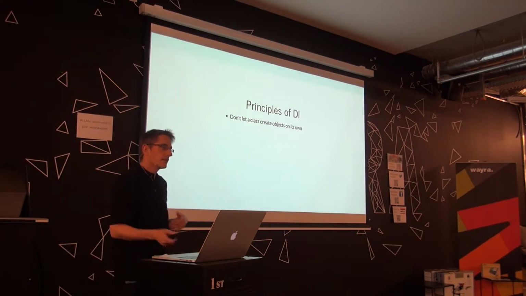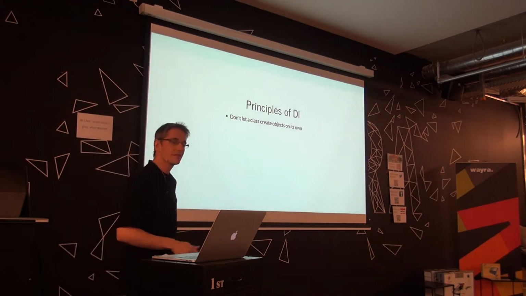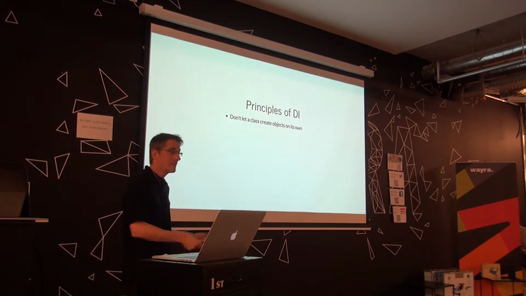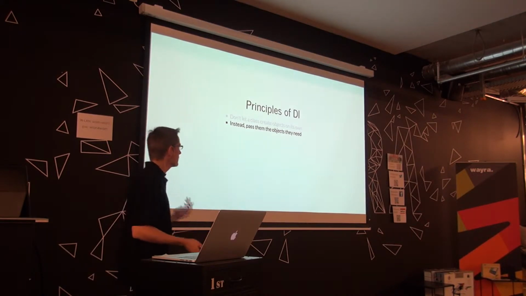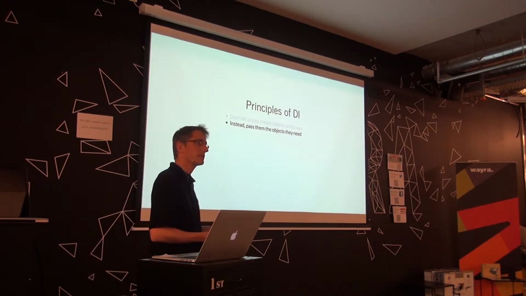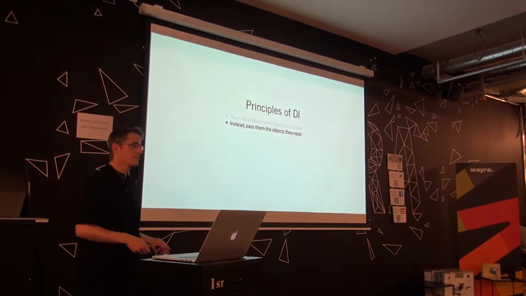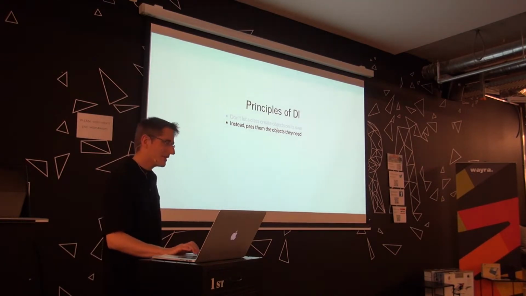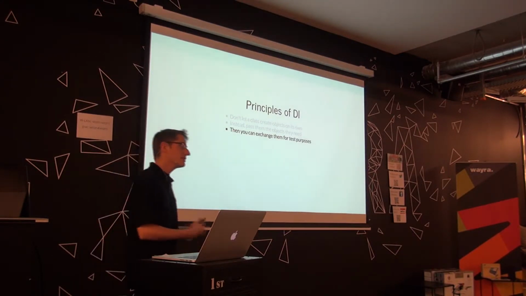So in short, it's never let a class create its objects for itself, except for the really simple objects. Instead, they should be passed to the objects. And why do we do this? We got a lot of experience, 10 years of experience or something like that, with taking the objects for themselves. Well, it's because we can exchange the objects easily.